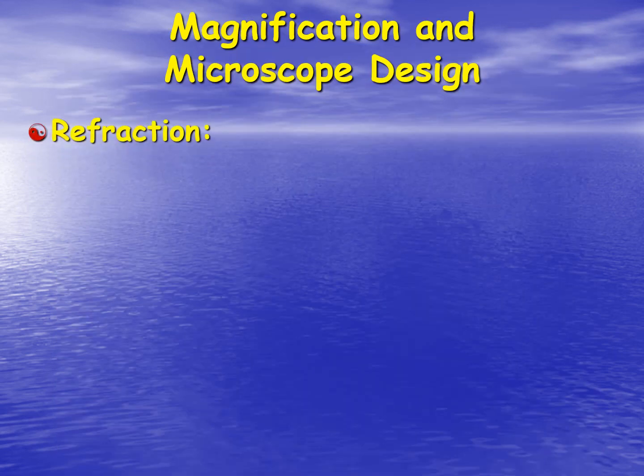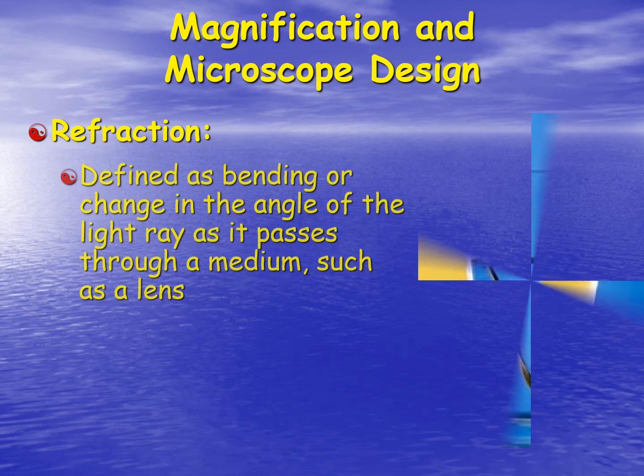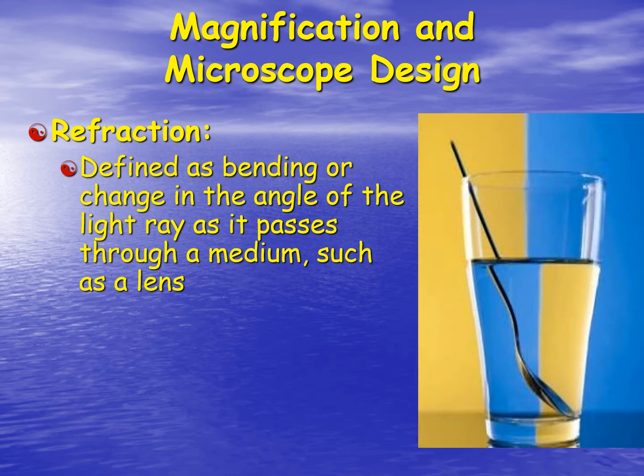Another characteristic of light waves that we have to talk about in magnification is refraction. And refraction is simply defined as bending, or the change in the angle of the light ray as it passes through media such as a lens. But we can see this principle demonstrated here in the glass of water. So this is a spoon and it looks like it's bent.